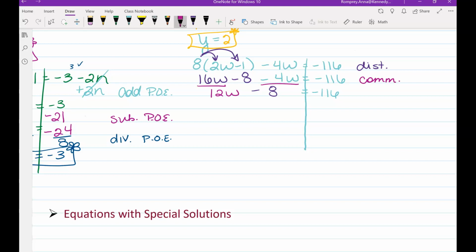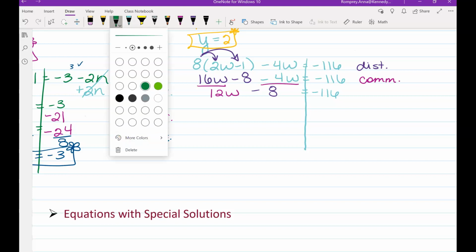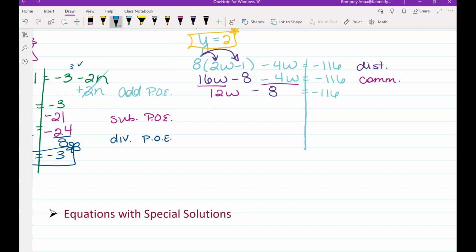So I just used the commutative property. Okay. And let's see, what next? So I'm going to undo this subtraction because I want to do PEMDAS in reverse when I'm trying to isolate that w. So we are going to add 8. Cancel it out with the addition property of equality.